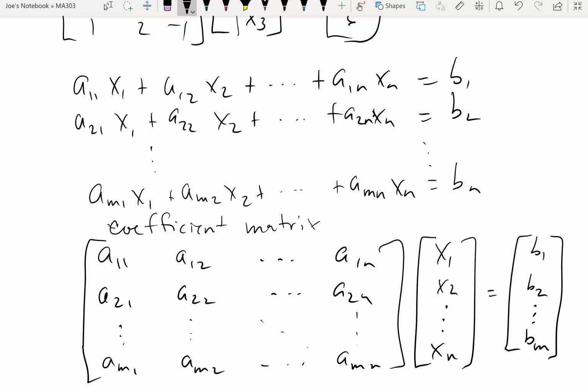Right? Now again, we can, but it doesn't really help us for solving purposes to apply rules of arithmetic to an augmented matrix. Because if we're using the augmented matrix to solve the system of equations, we're doing row operations, right?